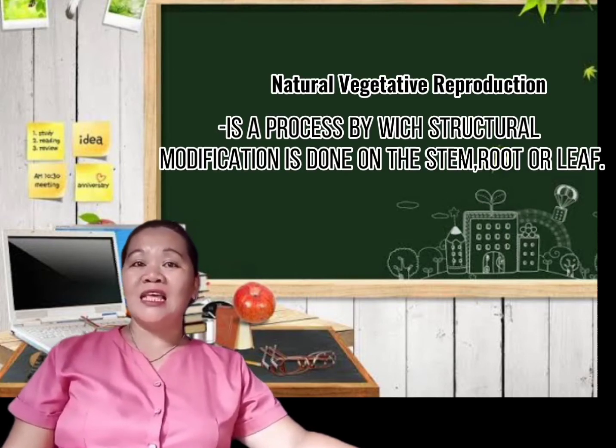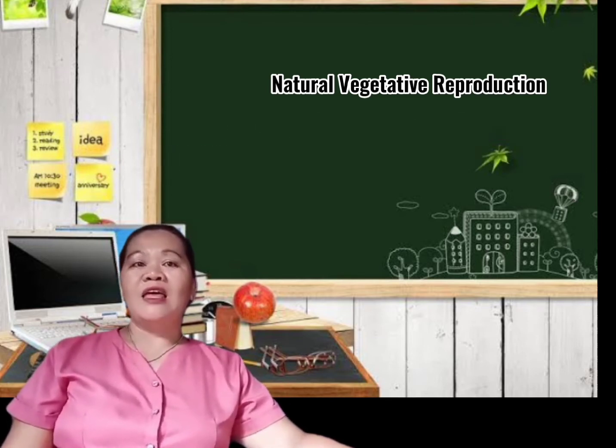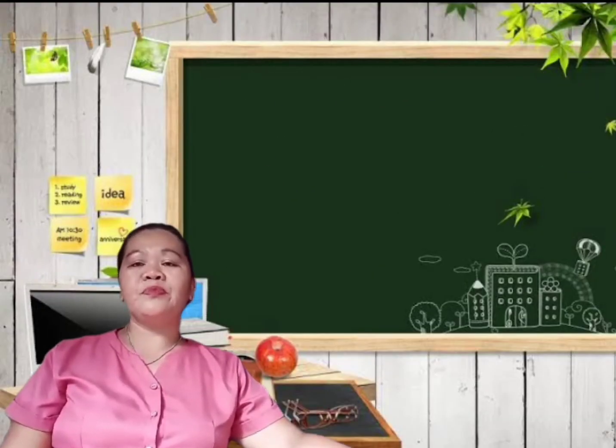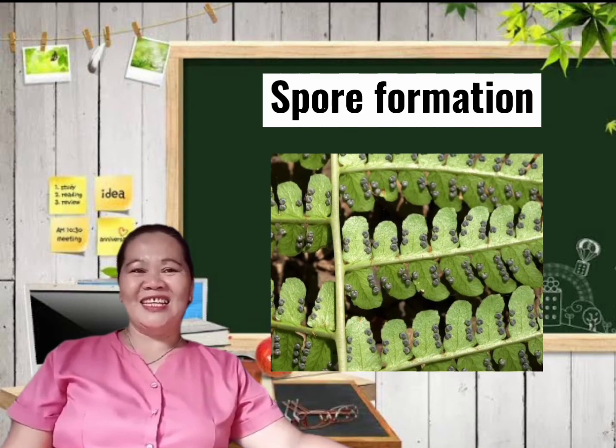It's a process by which structural modification is done on the stem, root, or leaf, thus producing a new plant from its parent plant.